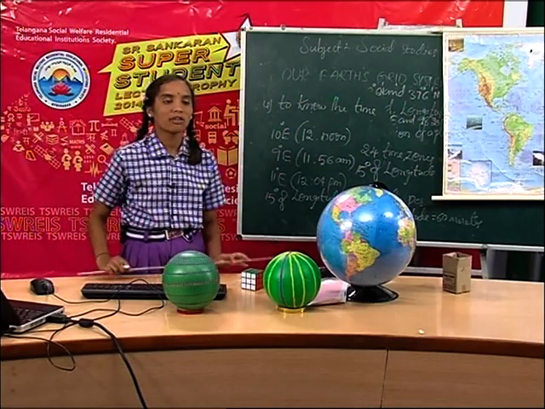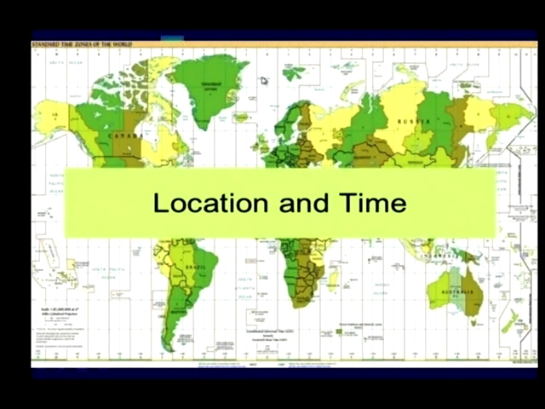And friends, when we are traveling from this Greenwich meridian eastwards, you should add 4 minutes of time per each degree as you cross every degree of longitude.